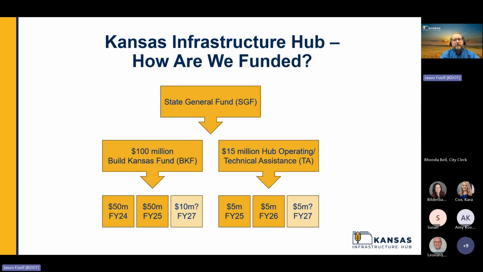But I did allude a couple times, we are waiting for our allocation for fiscal year 27 to help see us through the end of IIJA. The 10 million is a question mark until the gavel comes down in the legislative session, but it looks like this year we'll be given $10 million to help see us through the end of that time period.